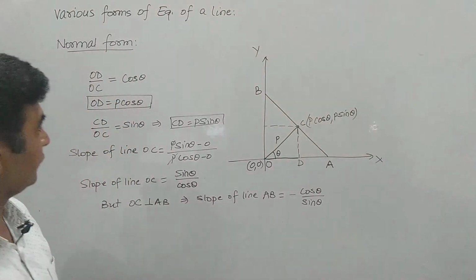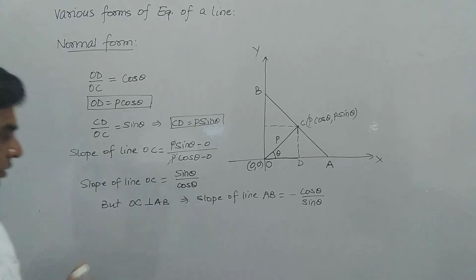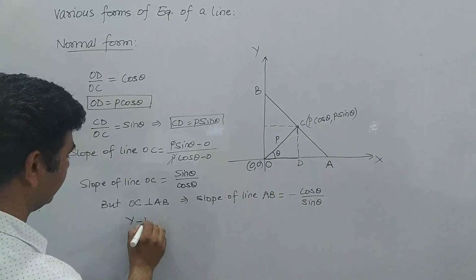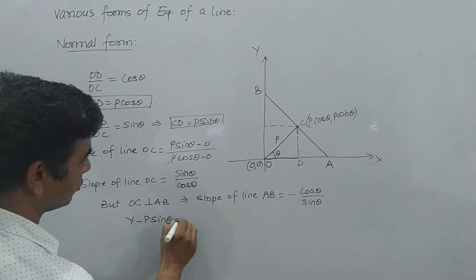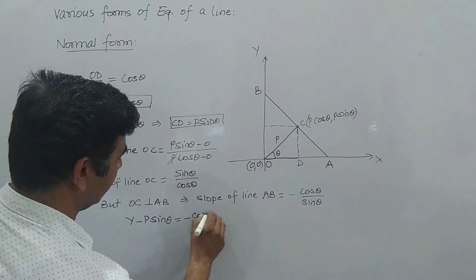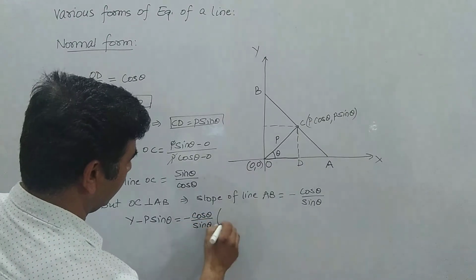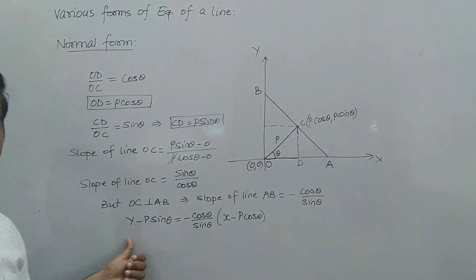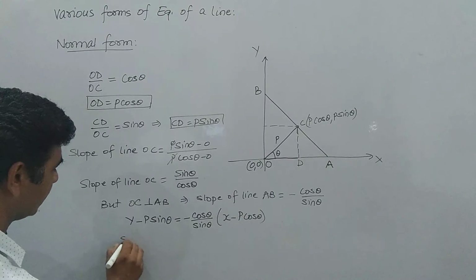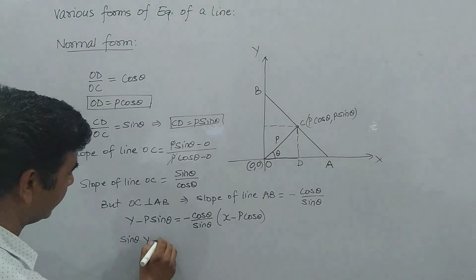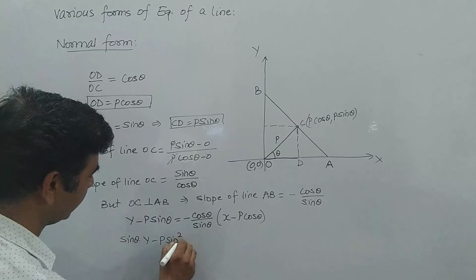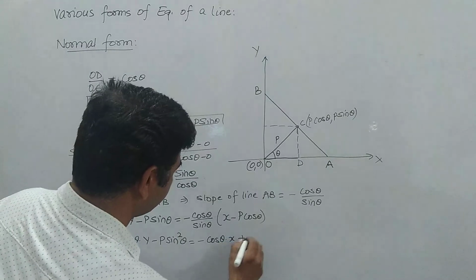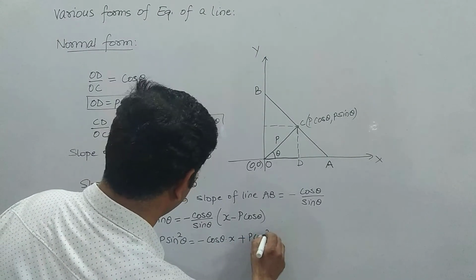So let me apply that form, and this is given by y minus y1. y1 is p sin theta, equal to the slope, which is minus cos theta upon sin theta, times x minus x1, which is p cos theta. Let me cross multiply it. This is sin theta into y minus p sin square theta is equal to minus cos theta into x plus p cos square theta.